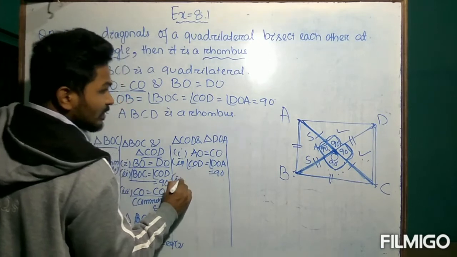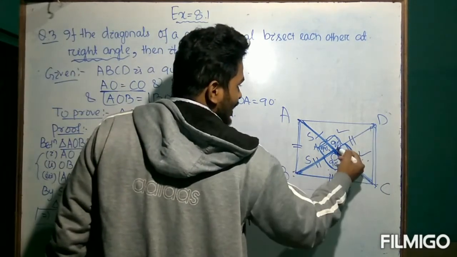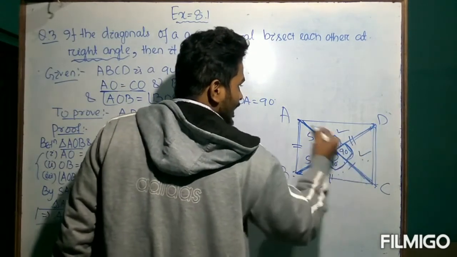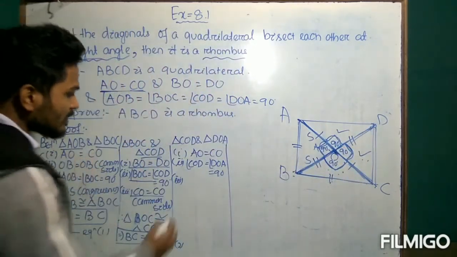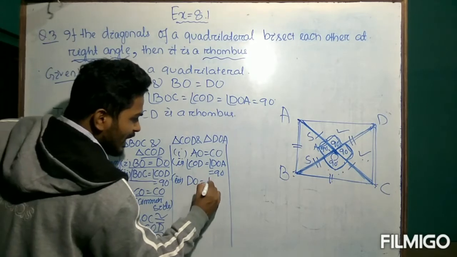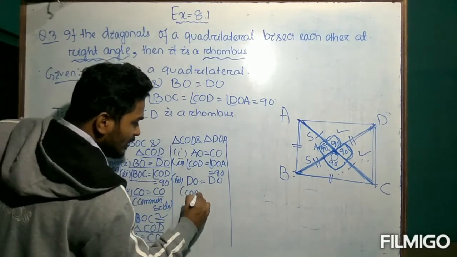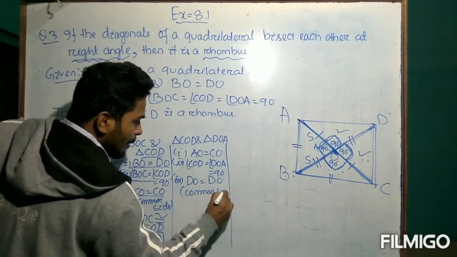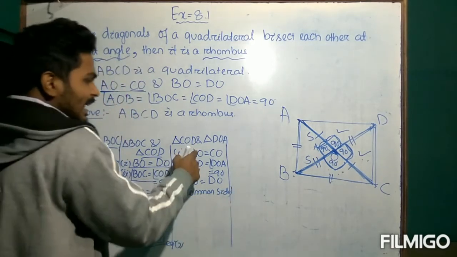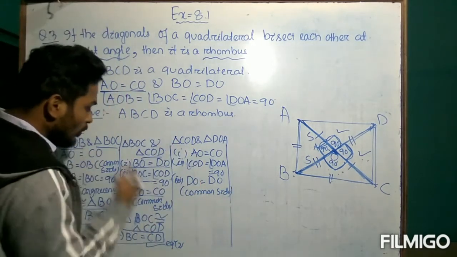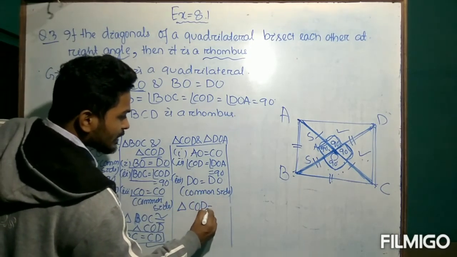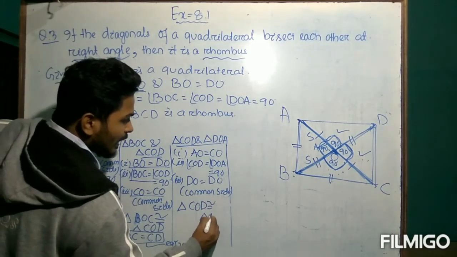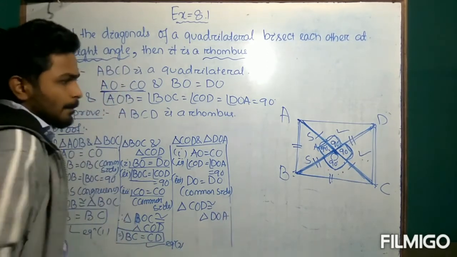Third condition: in triangle COD, DO is a side, and in triangle DOA, DO is also a side. So DO is the common side to both triangles. Now by SAS congruency, we can prove triangle COD is congruent to triangle DOA.